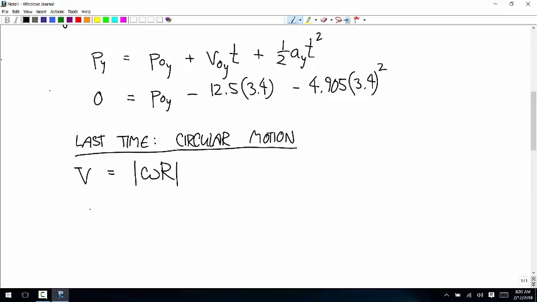The magnitude of the centripetal acceleration is equal to v squared over r, which is equal to omega squared r. So the faster the thing's moving, the bigger the centripetal acceleration.